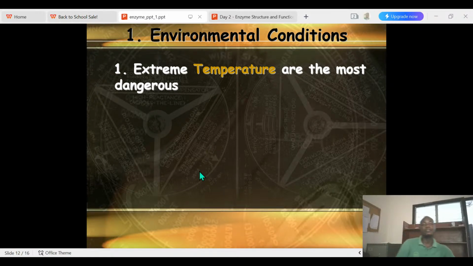So number one, extreme temperature. Most of the enzymes work best at body temperature. What is the body temperature of the human body?